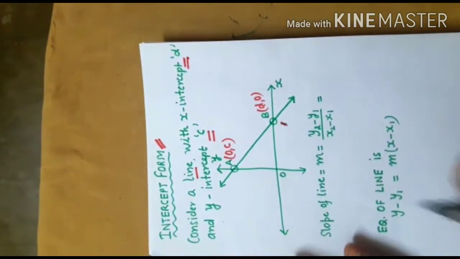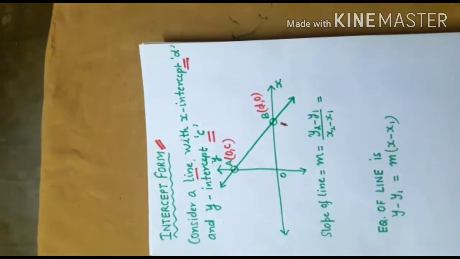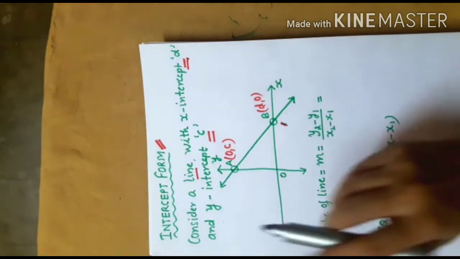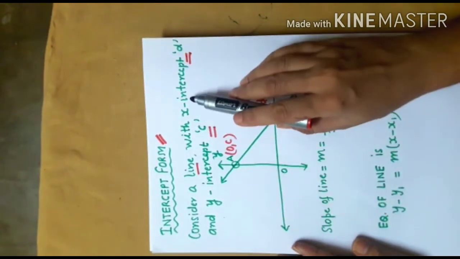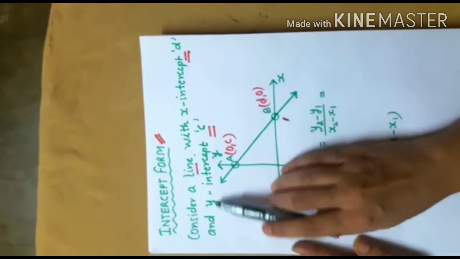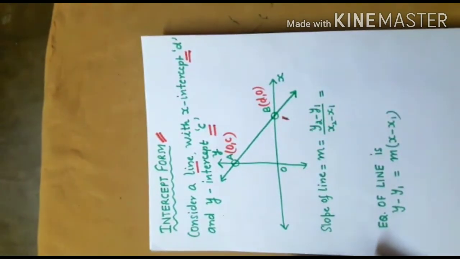This is the equation when the slope and the x-intercept are given. Now we will discuss the intercept form of the equation of a line. In intercept form, we are given both the intercepts, that is the x-intercept and the y-intercept. And when we are given both the intercepts, how do we write the equation? Consider a line with x-intercept d and y-intercept c.